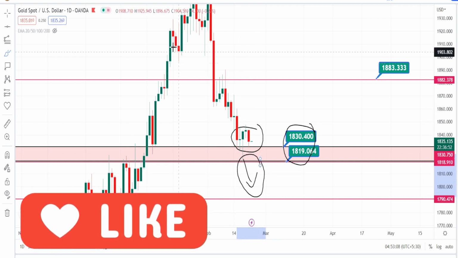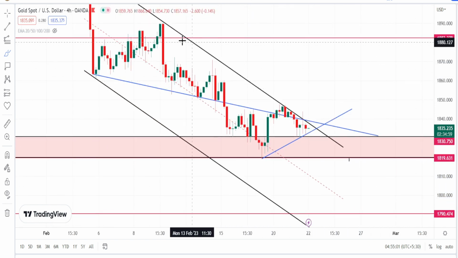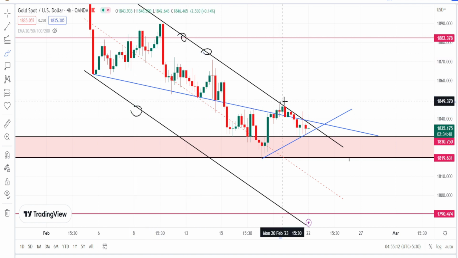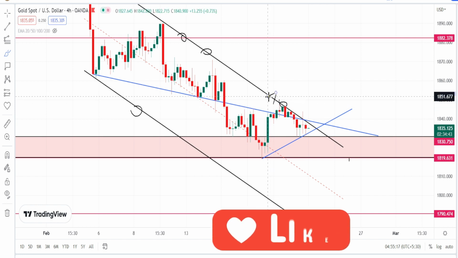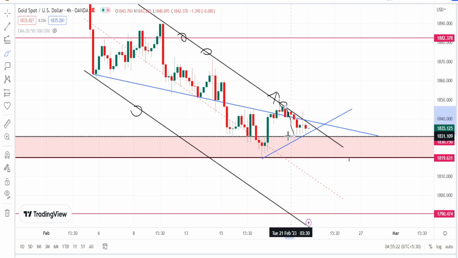Let us look at the price action in 4 hours time frame. I'm in 4 hours time frame, and we already know that previously the price action was trading within a bearish channel pattern, and looking at yesterday's price action, it tried very hard to break this resistance line of the bearish channel pattern, but it failed and it had bounced back on the bearish side retracement.